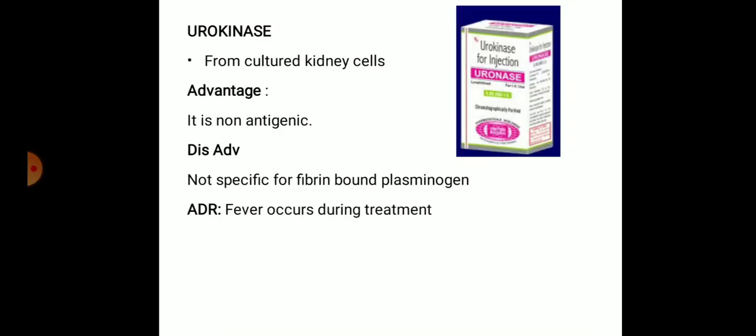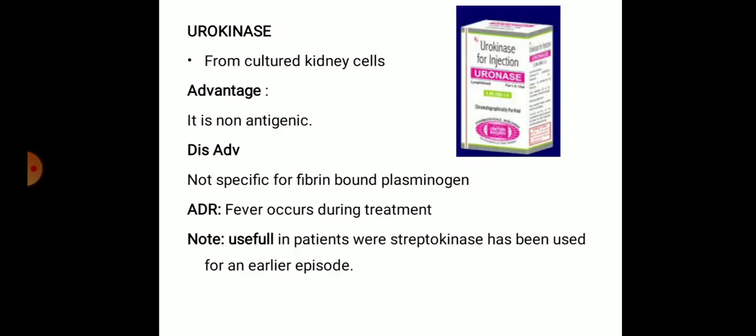Adverse effect: fever is the main side effect. It is useful mainly in patients where streptokinase has already been given, because the second dose of streptokinase will be less effective. In such cases, urokinase can be tried, but it is a bit expensive compared to streptokinase.